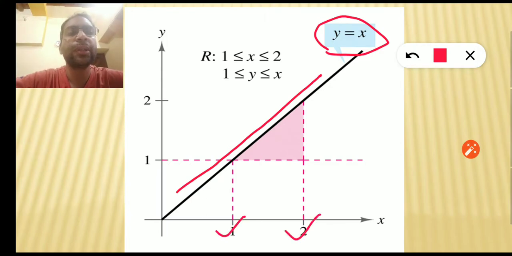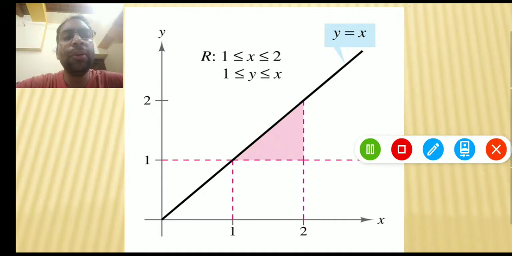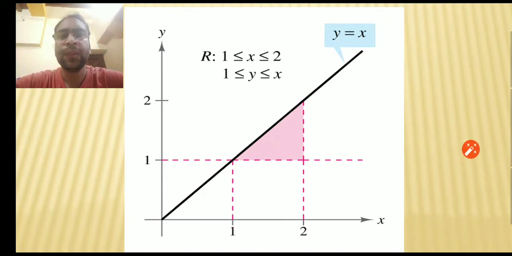On the y axis the values are again from 1 to 2. On the third side it is bounded by the line y is equal to x. So for this figure we have three different boundaries: the x axis, the y axis, and the line y is equal to x. These are the three boundaries of the given region.